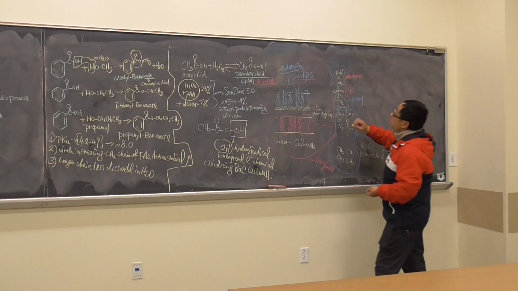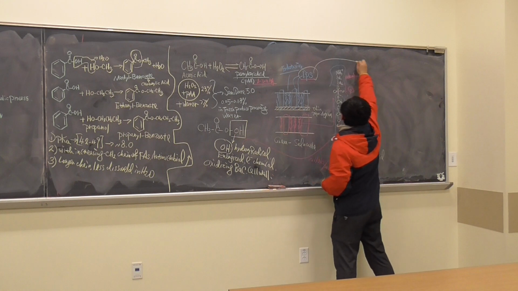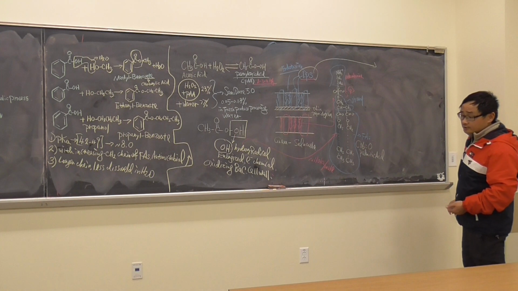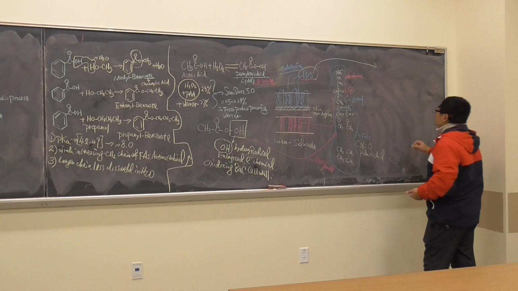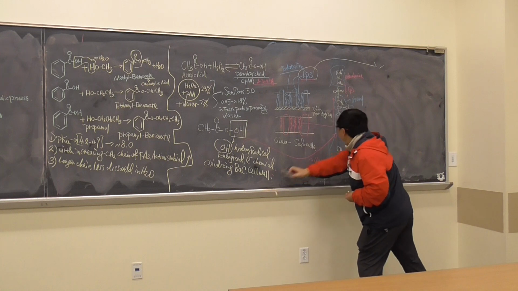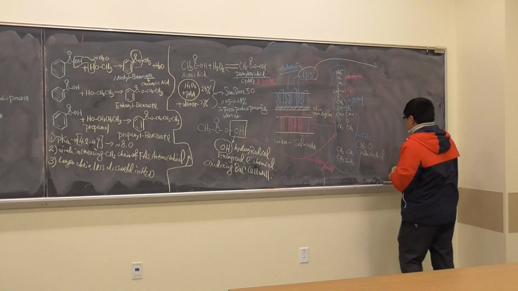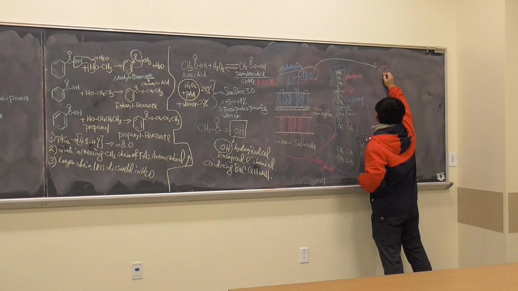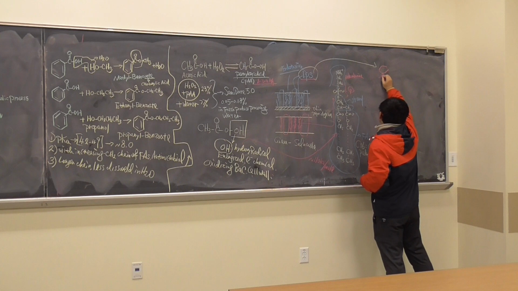Now, another place is LPS. So what does that look like? Lipopolysaccharide. At the beginning, you will see there are lots of chemicals that look like this. They go here, looks like that.